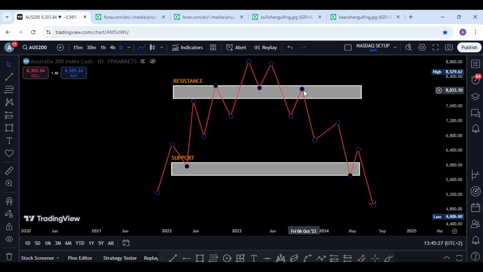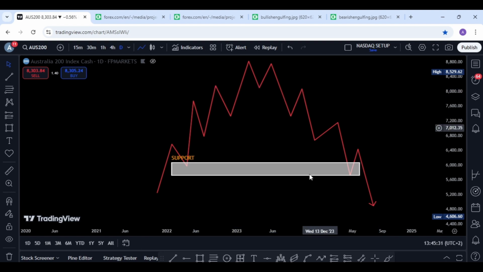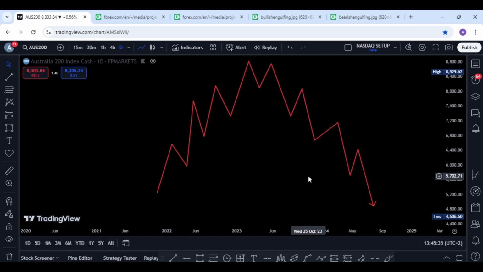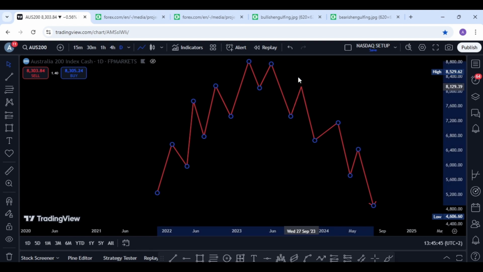And we also have certain geometric formations. As I said, the head and shoulders. Yes, we have the head and shoulders. Let's say this is the head and shoulders chart.